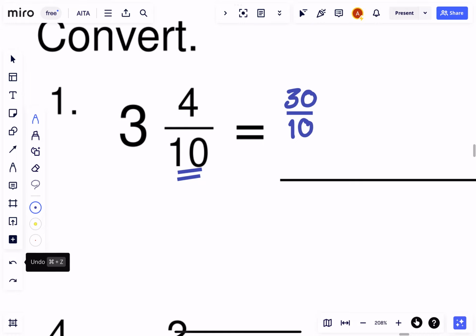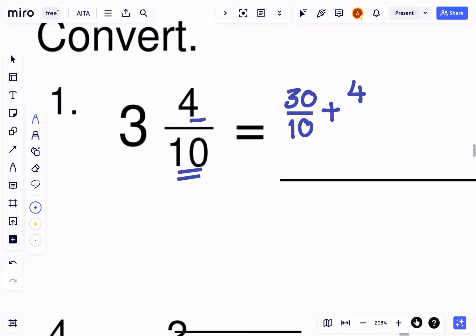Why? Because 10 times 3 will give you 30. So we've got 30 upon 10. We have done that for 3, and then we have got 4 upon 10 here.